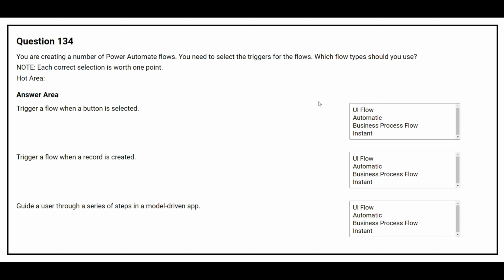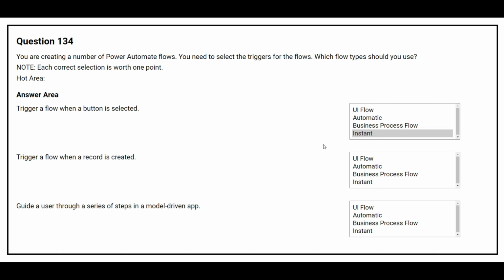Question number 134. You are creating a number of Power Automate flows. You need to select the triggers for the flow. Which flow types should you use? The first question is, trigger a flow when the button is selected. The correct answer is instant.